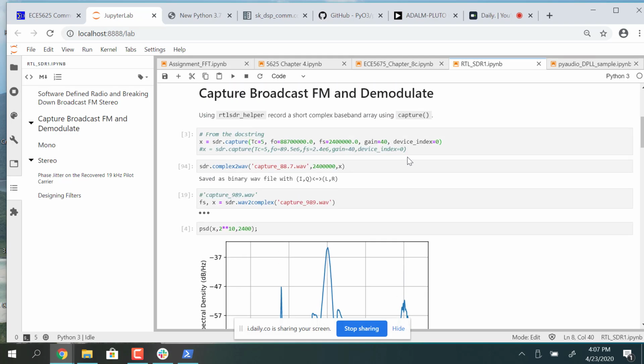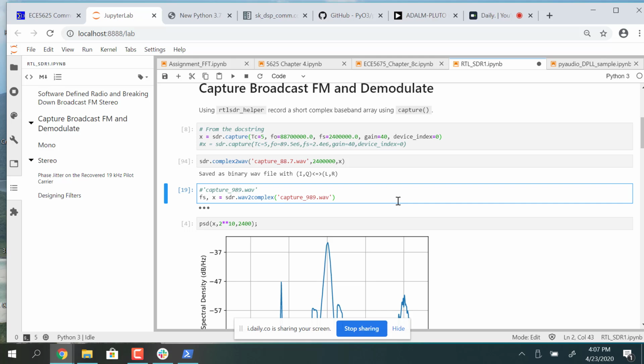And then I can do a capture. Right here, I've got a function within that module called capture. I'm going to capture for 5 seconds at 88.7 megahertz with a 2.4 megasample per second sampling rate, set the gain, and it's capturing right now for 5 seconds.